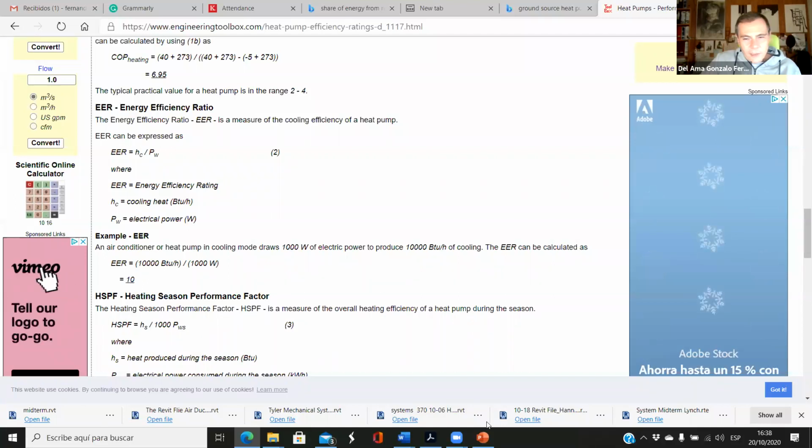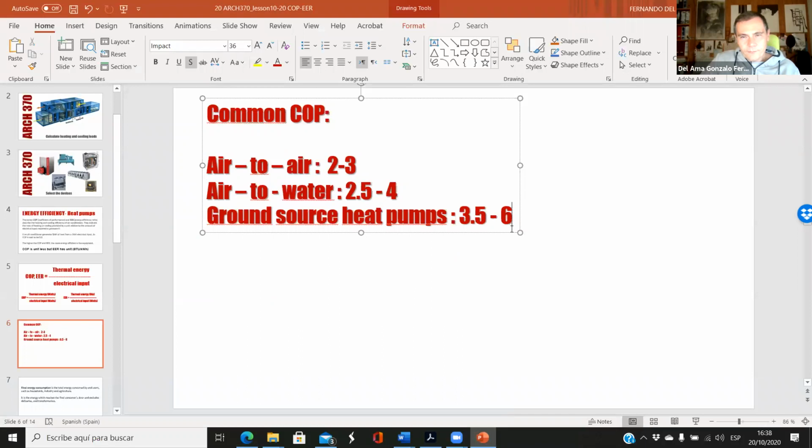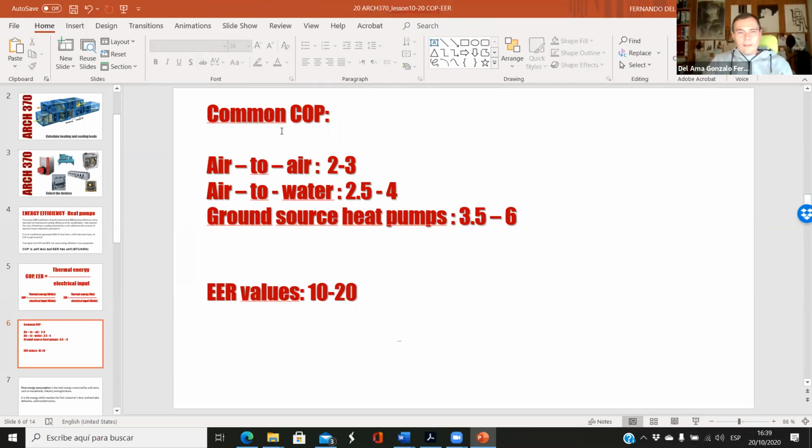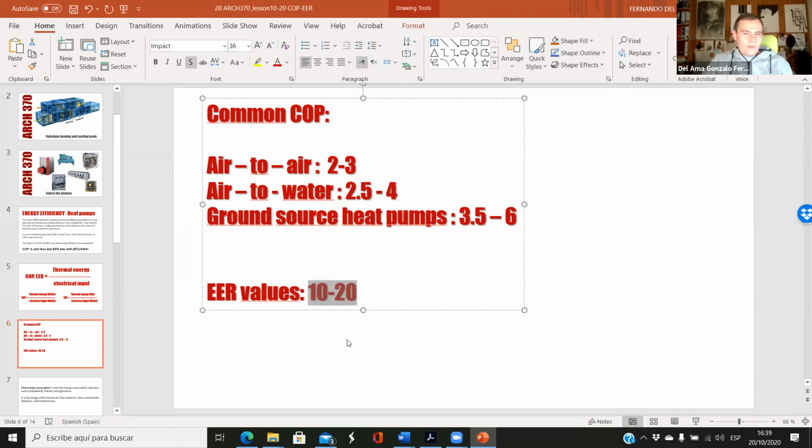Okay, so yeah, the EER values range from 10 to 20. Okay, so again, the air-to-air EER value would be lower, and the ground source heat pump EER value would be higher. But those common values are from 10 to 20. So 10 is something similar to 2, and 20 would be something similar to 6, kind of. Okay.